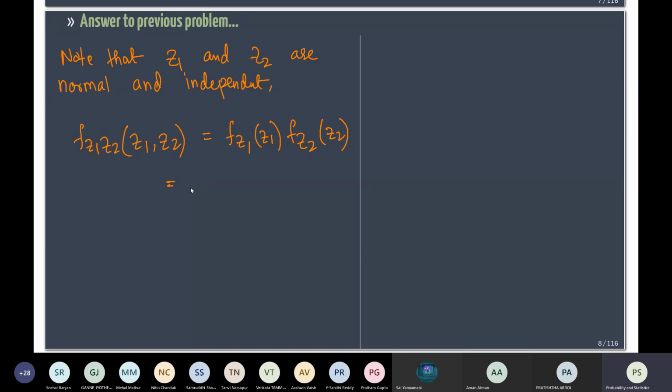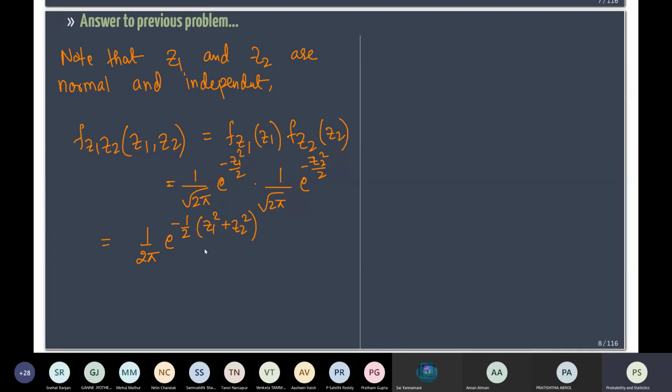In this case, if we write it down, what was that? 1 by square root of 2 pi e to the minus Z1 square by 2, and similarly 1 by square root of 2 pi e to the minus Z2 square by 2. So 1 by square root of 2 pi times 1 by square root of 2 pi is 1 by 2 pi, and e to the minus half can be taken common, with the sum Z1 square plus Z2 square.